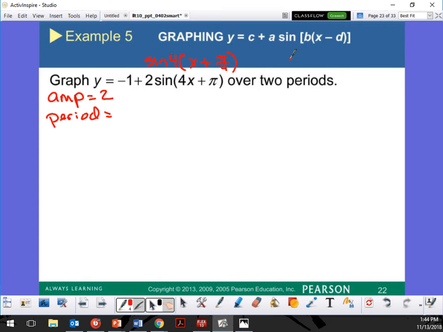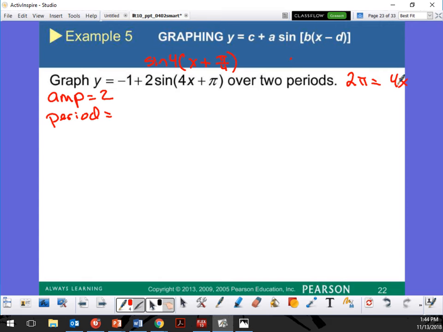So you have a 4 value there, right? And so what is my phase shift going to be here? That's the reason why we did this argument. Negative, opposite. So it's going to be negative pi over 4. So my period is going to be, since it's sine, 2 pi equals 4x.